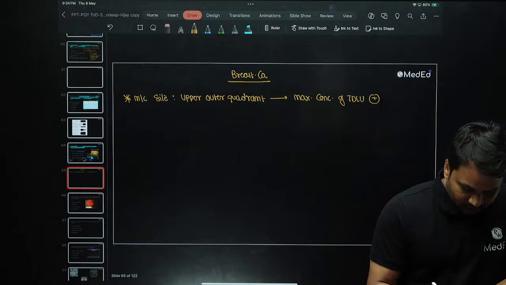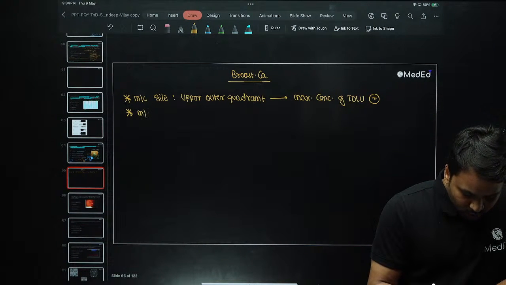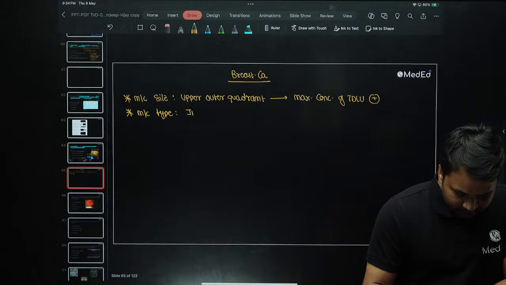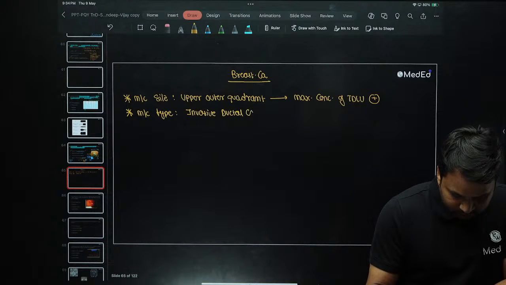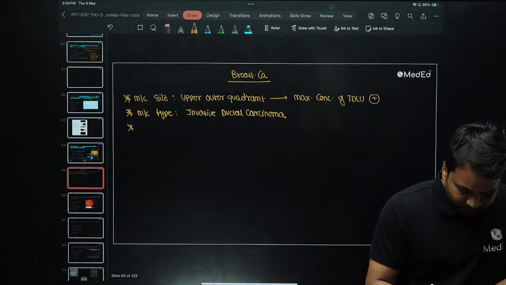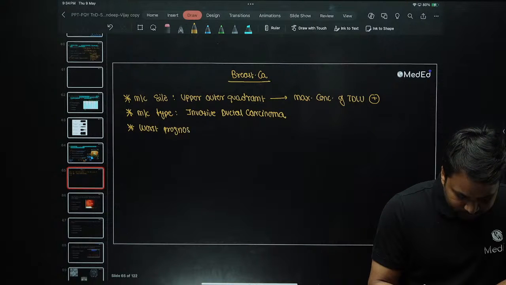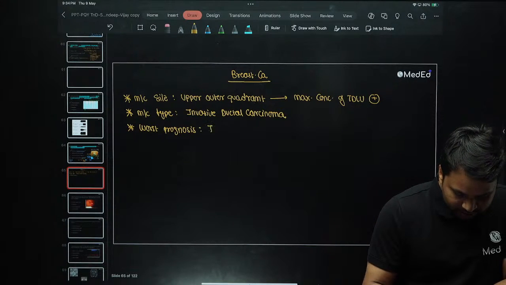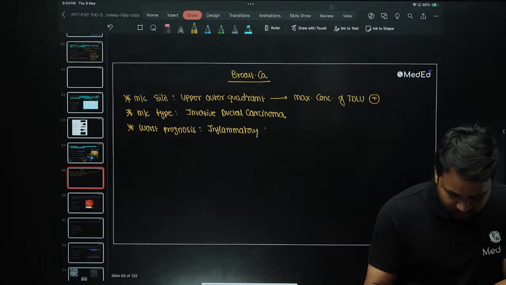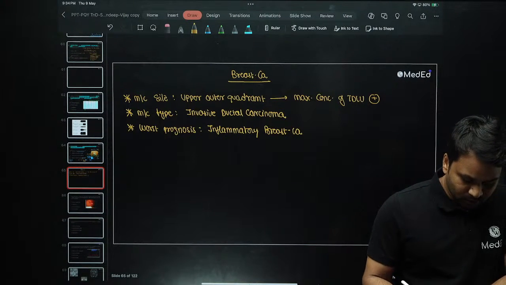Now, the most common type is going to be your invasive ductal carcinoma. Worst prognosis is your inflammatory breast cancer.